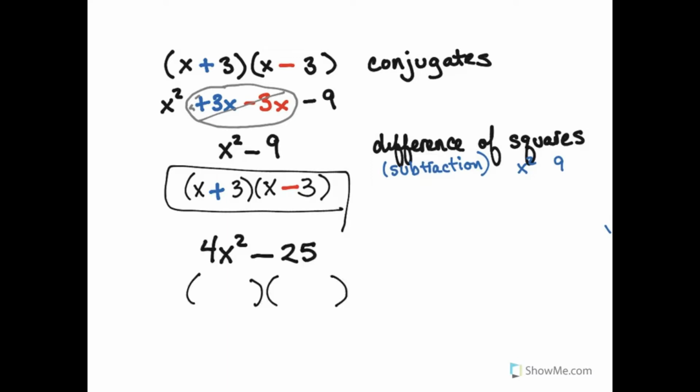Let's try to factor 4x squared minus 25. It's going to factor to conjugates, so it's going to have one positive and one negative, and the first term will be the square root of 4x squared. The square root of 4 is 2, and the square root of x squared is x, so both of the binomials begin with 2x. 25 has square root 5, so it's going to be 2x plus 5 and 2x minus 5.